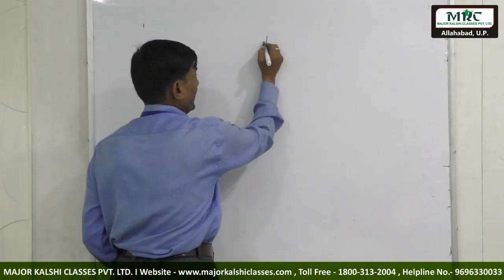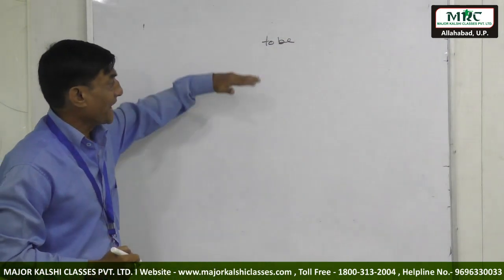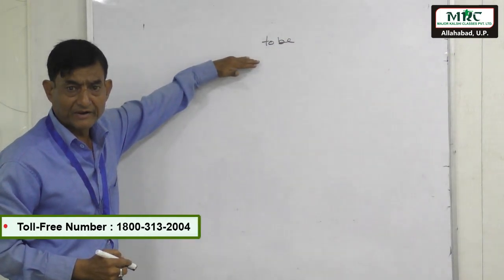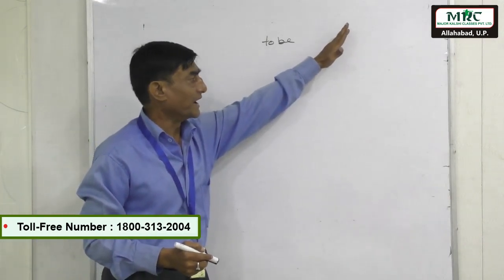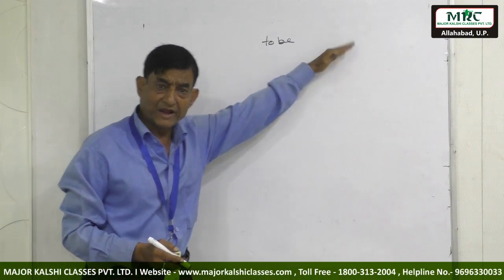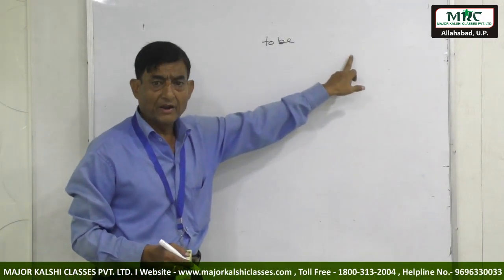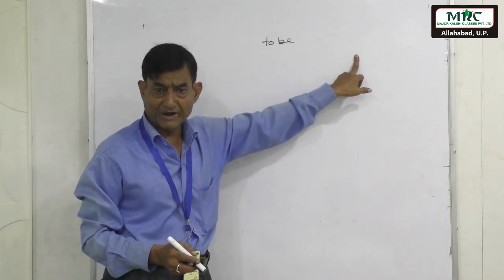We have to be very careful in the use of to be. If there is an object in a sentence, it always takes objective case after it. But if there is no object in a sentence, to be always takes nominative case after it.